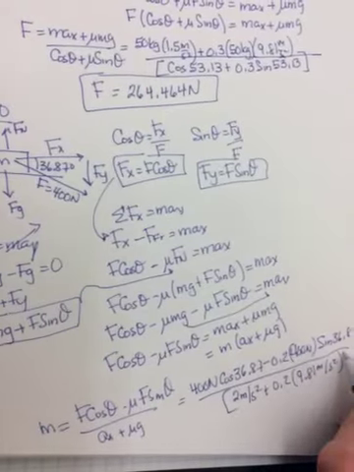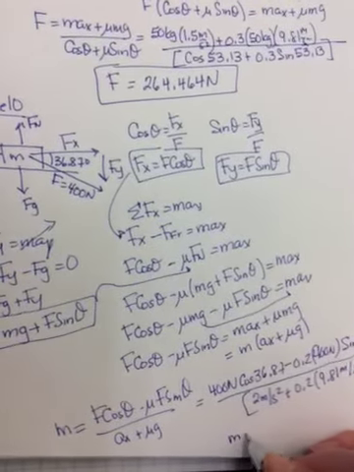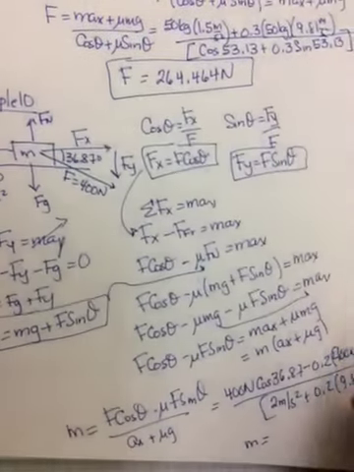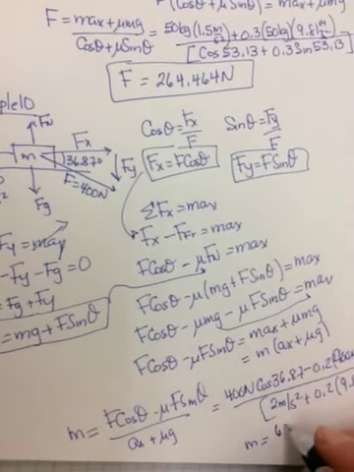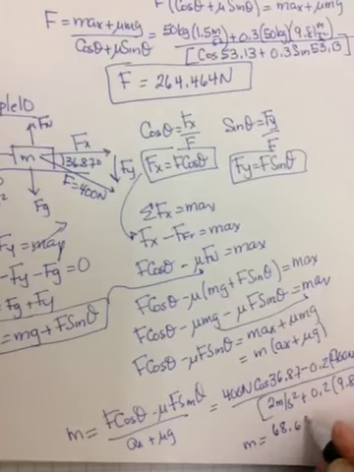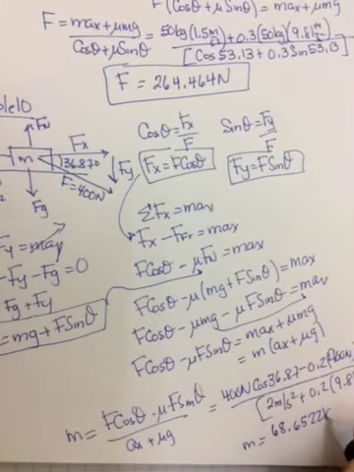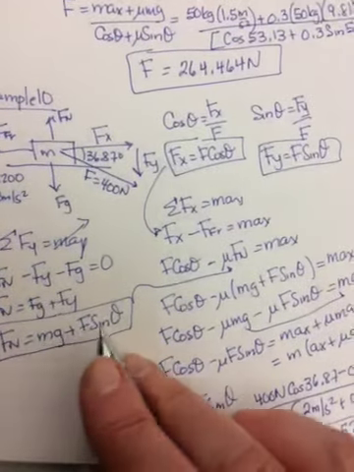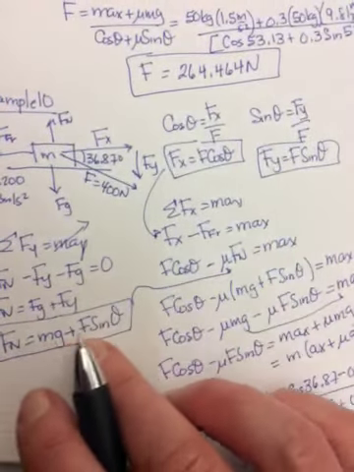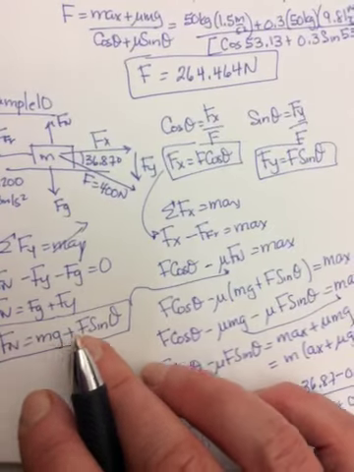Again, remember the bottom needs to be in a full bracket when you put it into your calculator. And if you can punch this in your calculator correctly, you should get 68.6522 kilograms. So really, the difference is don't fill your numbers in, because you're solving for something in the Fn.